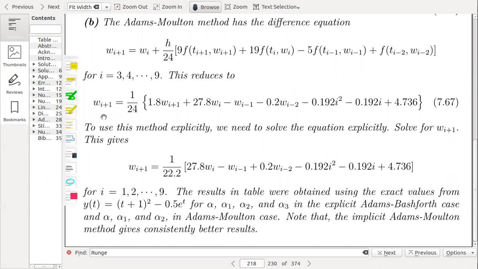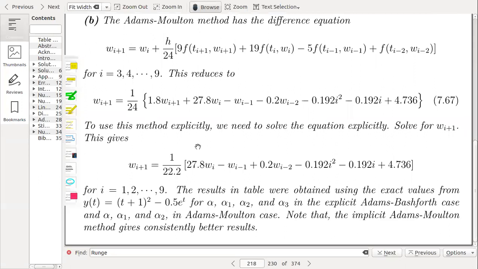This reduces to Wi plus 1 is equal to 1 over 24, 1 plus 1.8 Wi plus 1 plus 27.8 Wi minus 1 minus 0.2 Wi minus 2, so on.